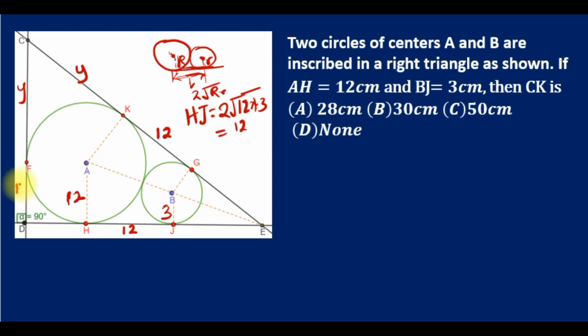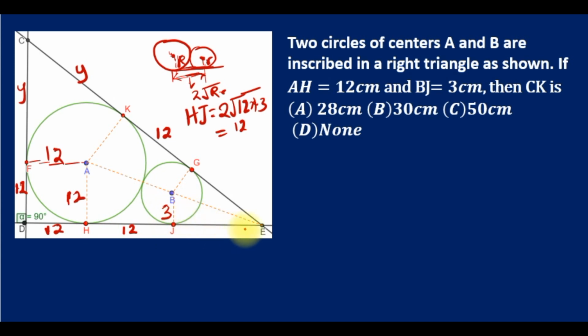So this is 12. So the next thing is to get this and this. Okay, this is also the radius. This is also 12, because from here to here is 12. So 12, 12.